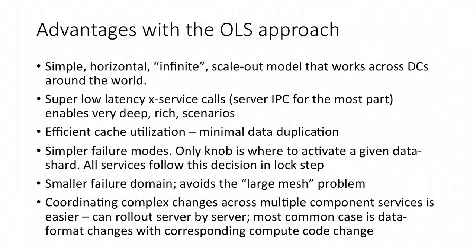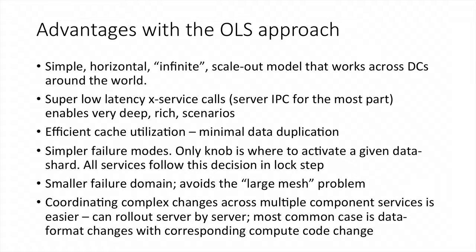We have now done that for all our transactions, where the transaction runs right next to the data. So it's super low latency, and calling multiple service components to interact with the data is pretty low cost. We are talking microseconds of latency. That lets us enable very rich and deep scenarios that require a lot of compute-data interaction. We can just afford it very easily.